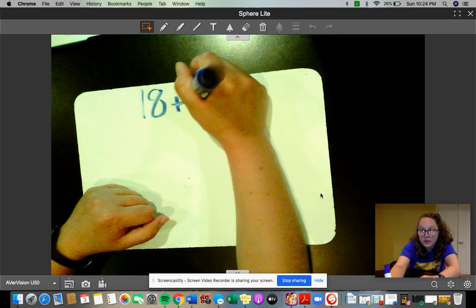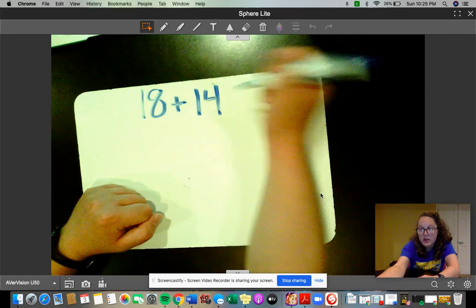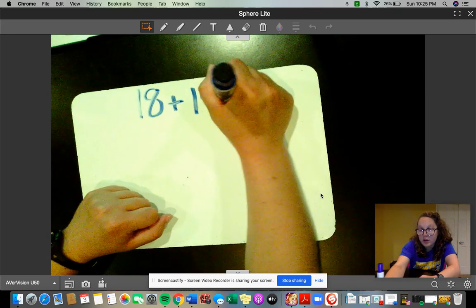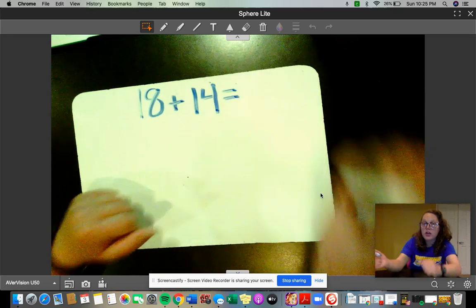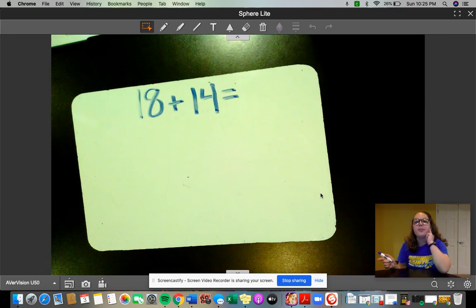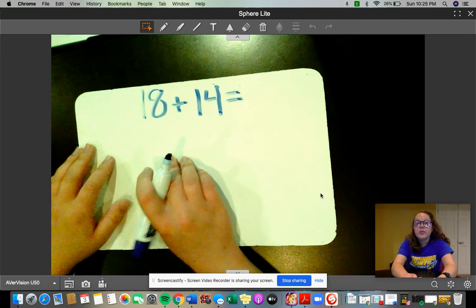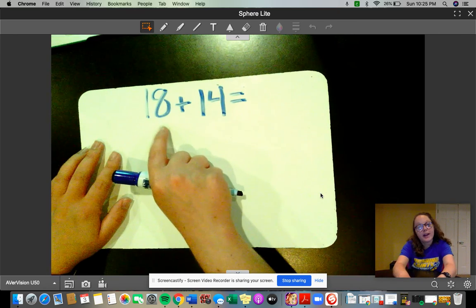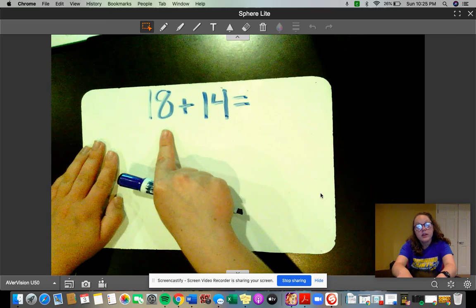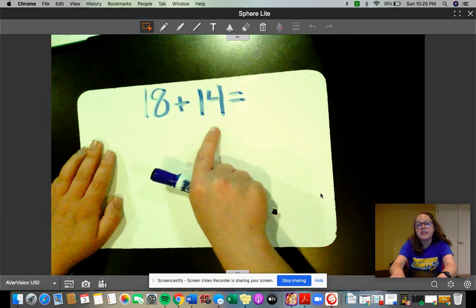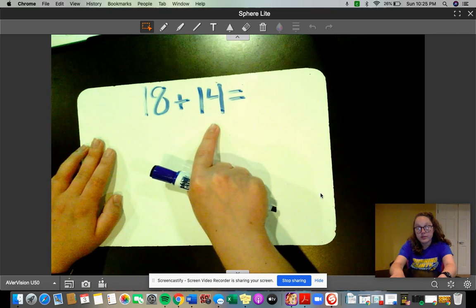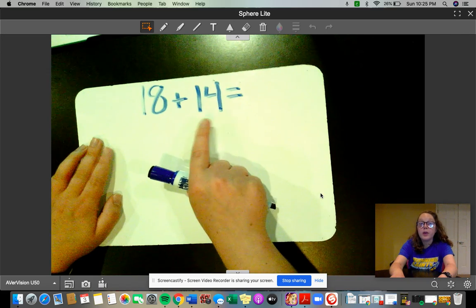18 plus 14. So when I look at this number, I'm thinking to myself, it's only going to take 2 more numbers for me to get from 18 to 20. So it might be easiest to use the 14 as the number to do my number bond with.